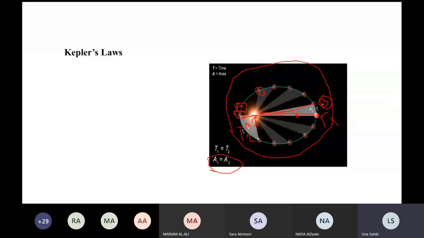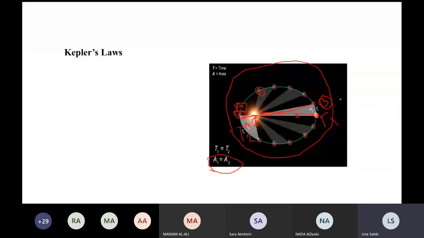Another question here. We said at A there is now more force because of less distance. Then how will the velocity of the Earth be? Will it move at point A with high velocity compared with B, or less velocity?